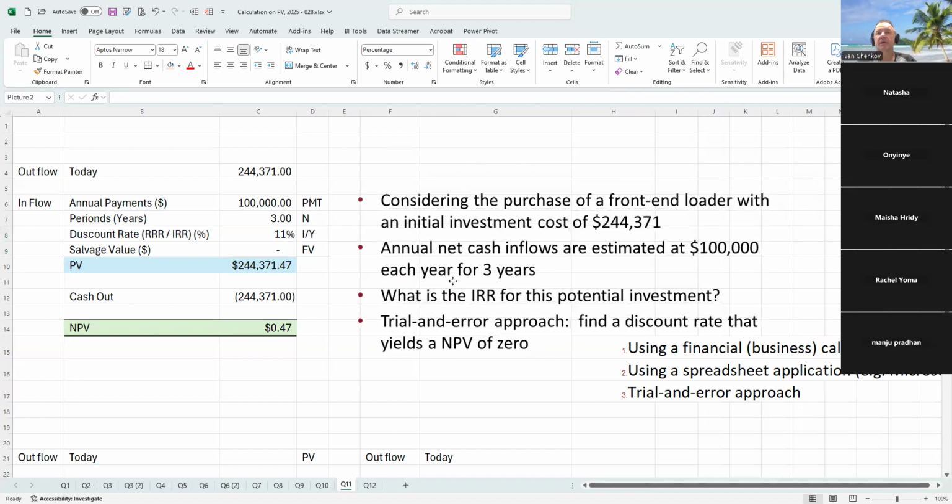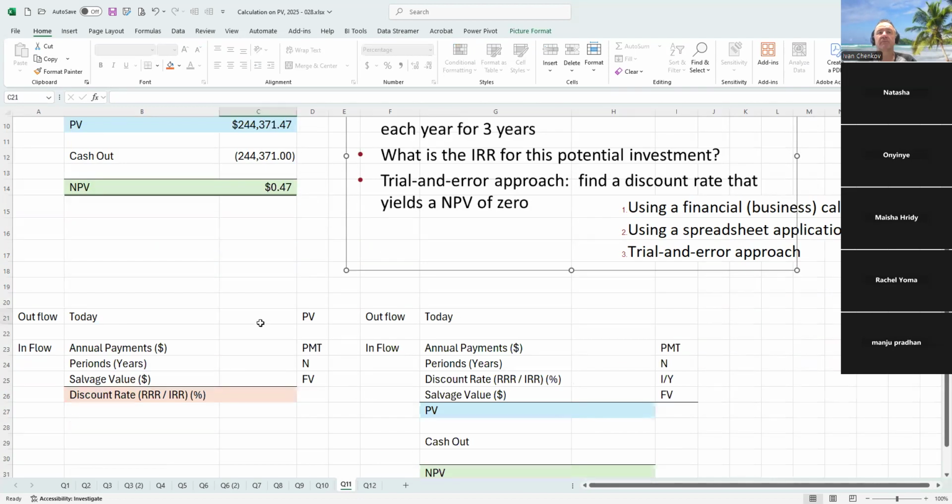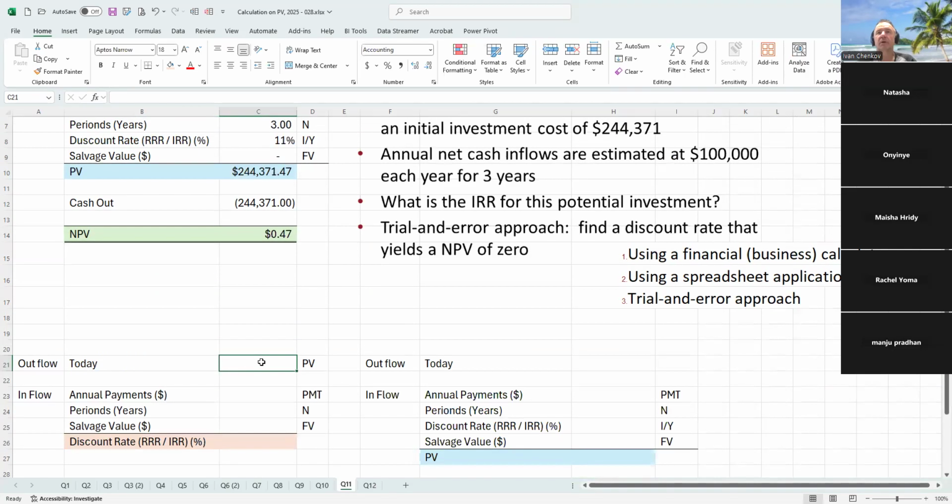Second approach, get the information, plug it in the formula. Today we know how much we have to spend. We have to spend 244,371. Payments, we're going to get 100,000 over the 3 years. And the future value is zero. Now we have to calculate the internal rate of return.